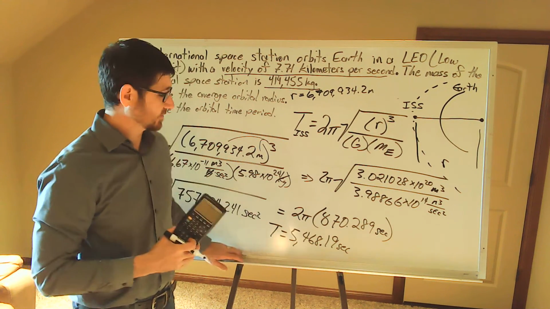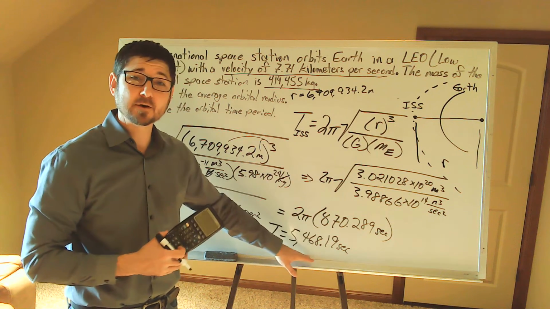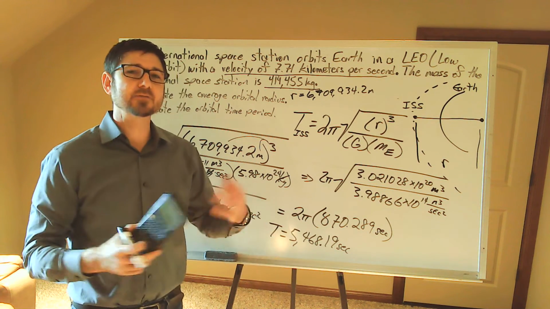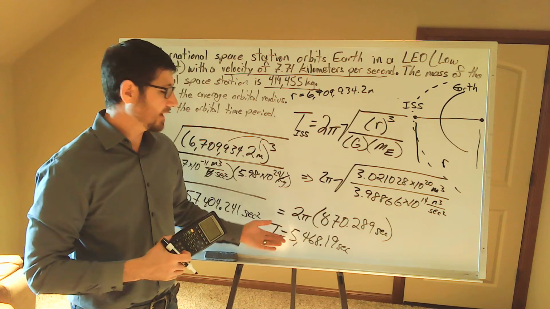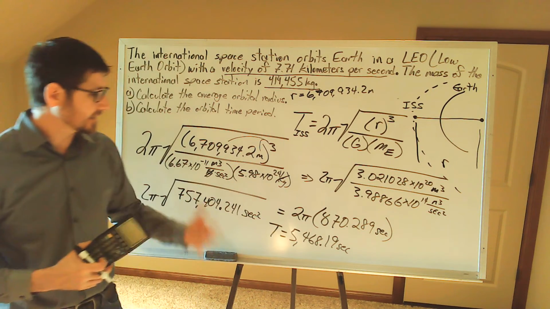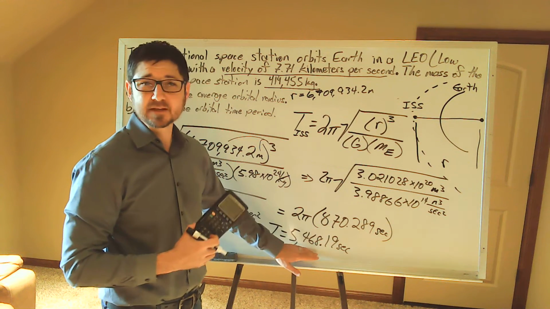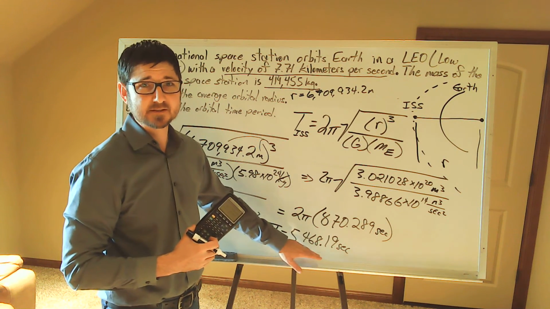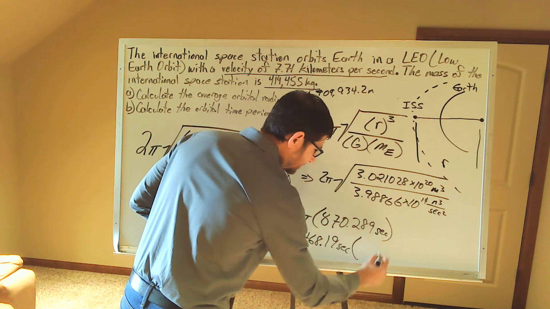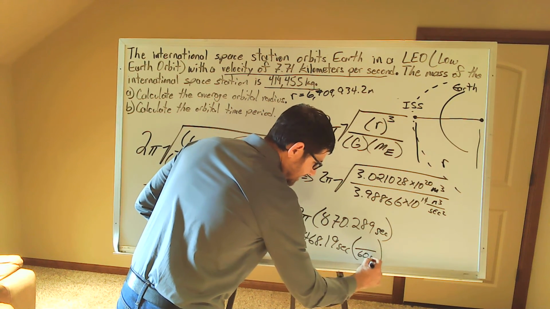Now, we can just look at this and tell that this is greater than 1 hour, because we know in 1 hour we have 3,600 seconds. But just out of curiosity, why don't we go ahead and convert this into minutes so we can wrap our head around the time it takes for the International Space Station to orbit the Earth. So, when we perform some dimensional analysis here, we have 60 seconds.